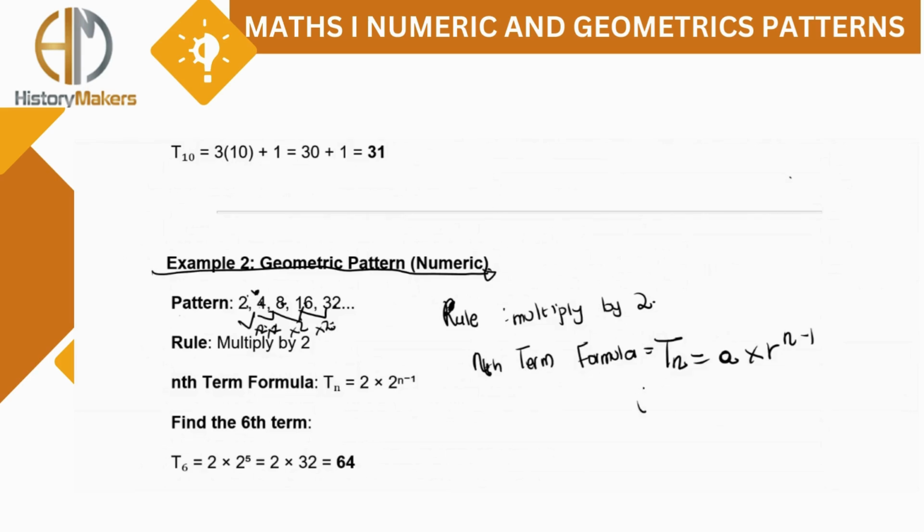So our Tn will be 2 multiplied by, what is the ratio? The ratio is 2, to the power of n minus 1. Now they asked us to find the sixth term. Remember, you can confirm this by putting 2 multiplied by 2 to the power of 1 minus 1, which will be 2.